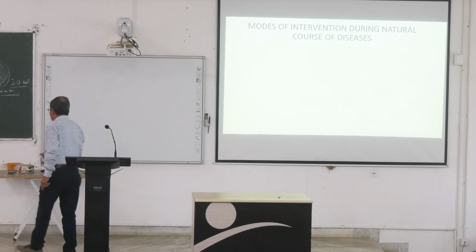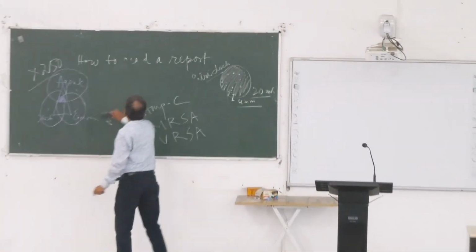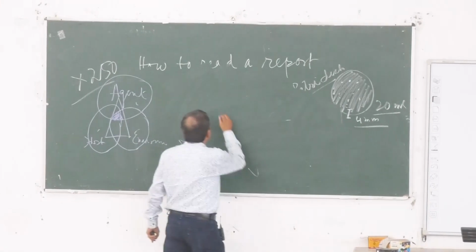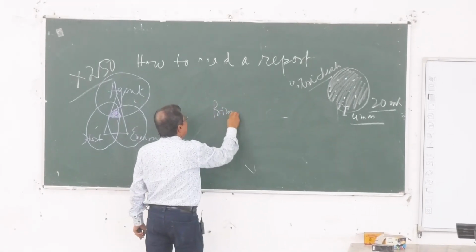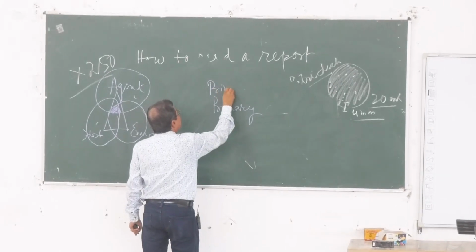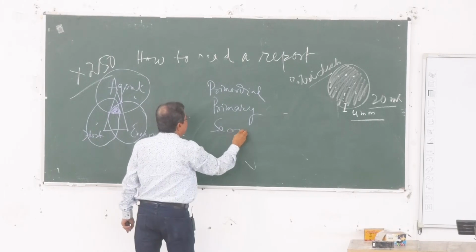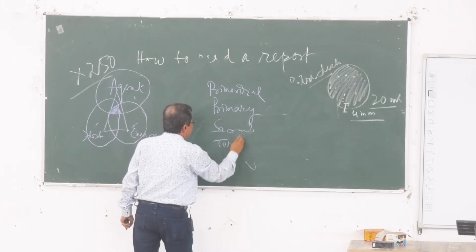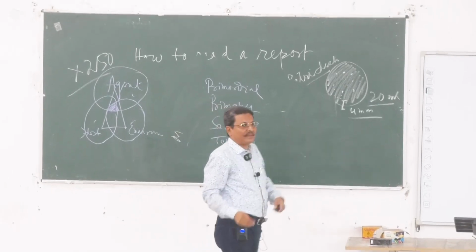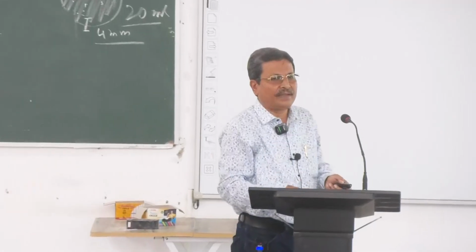Probably we have discussed levels of prevention, very important. Usually 3 levels or sometimes 4 levels, called primordial, primary, secondary. Primordial is very early, mainly for chronic diseases.